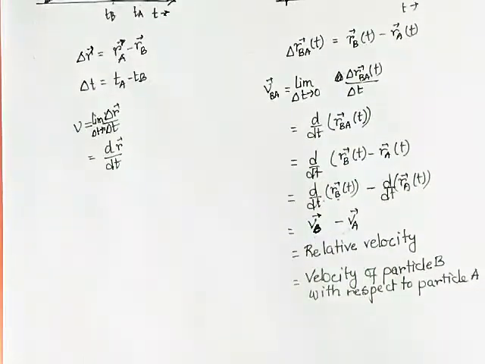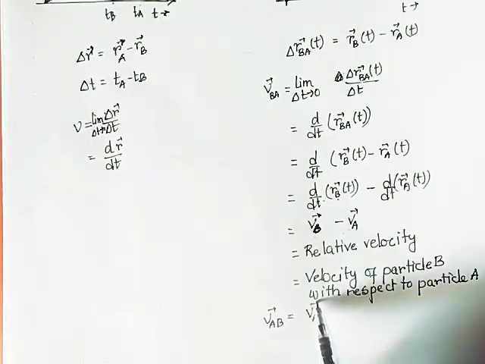Now if anyone asks what will be VAB, the velocity of the particle A with respect to that of the particle B, just switch over, just interchange the positions.